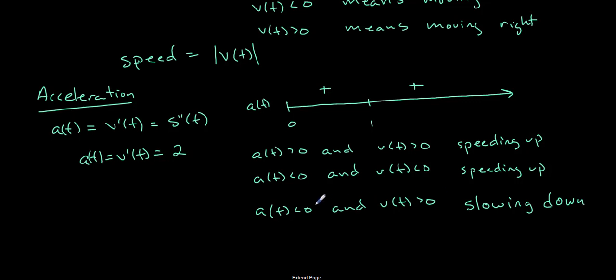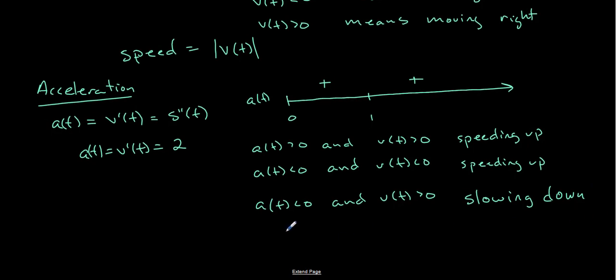Okay, they have opposite directions, which means they have opposite signs, right? We're slowing down because acceleration and velocity have opposite signs. Okay, a of t, say it's greater than 0, and v of t less than 0. So our velocity is in the negative direction, but acceleration is in the positive direction. You're going to slow down.